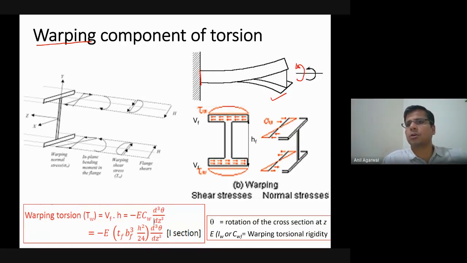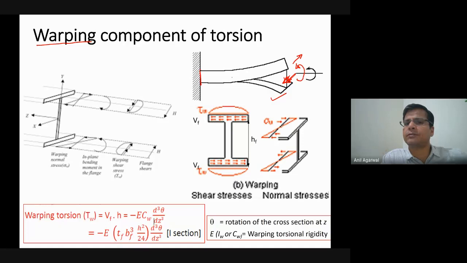So as you apply the torque, the web would twist. And as the web twists, it forces the flanges to move. So the top flange moves in this direction and the bottom flange moves in this direction. Okay? Now you follow?